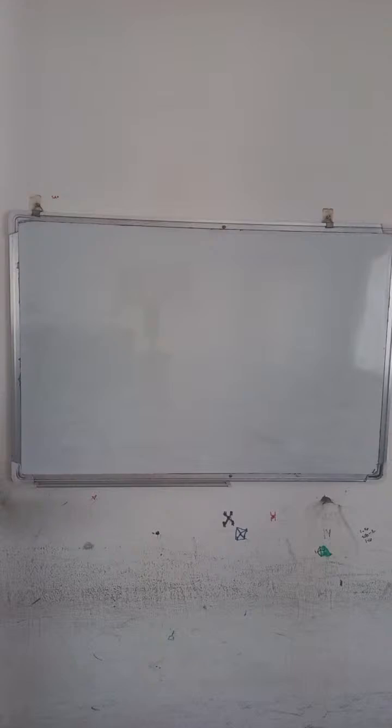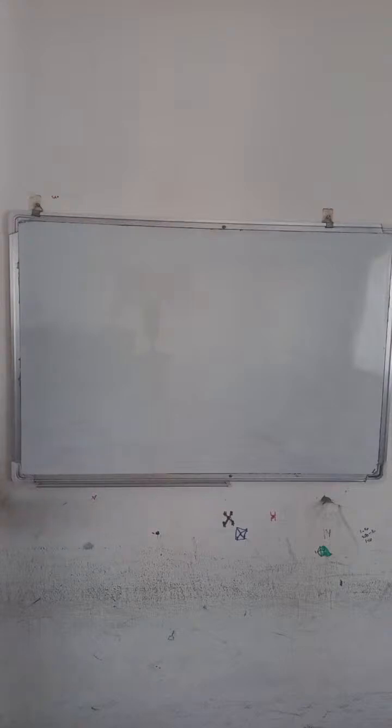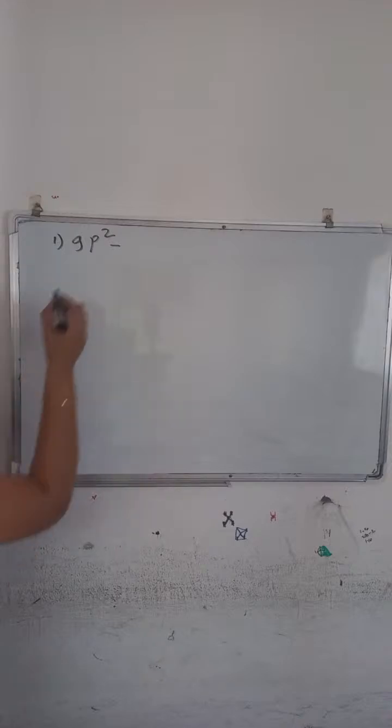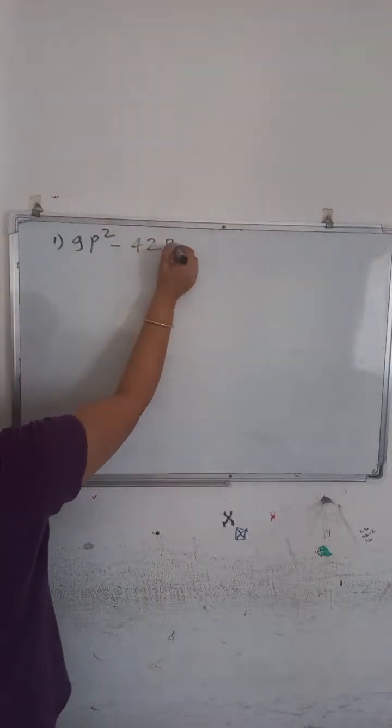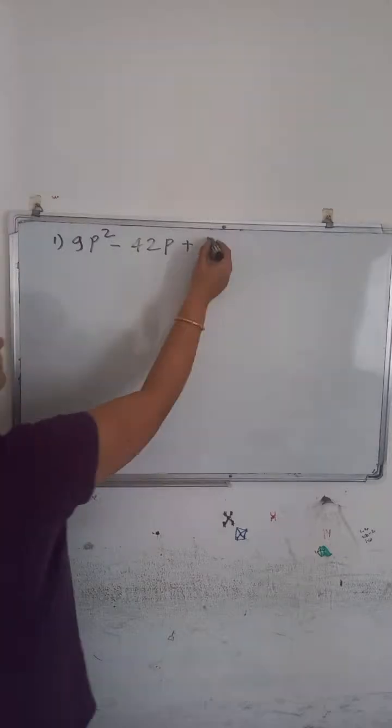Now write down the next question. Factorize. First question is given: 9p square minus 42p plus 49.